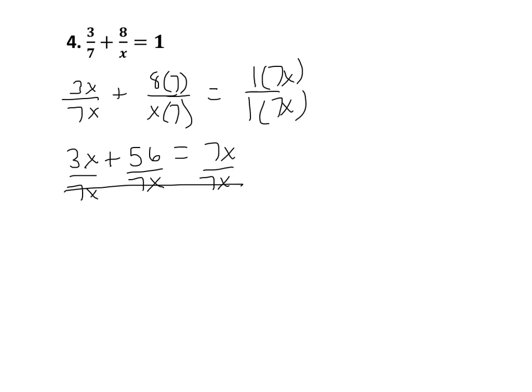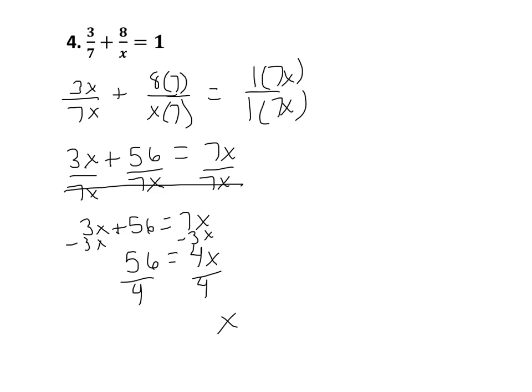That means just get rid of it, because you multiply both sides by 7x. So 56 equals 4x. Subtract the 3x. Divide by 4. X equals 14. Okay? So there's some basics. Let's take a look at the next level now.